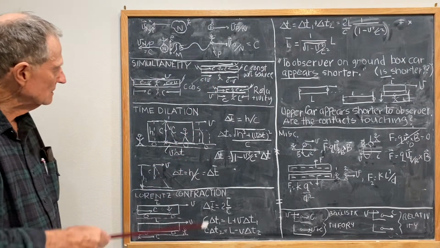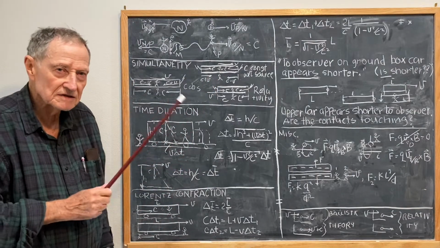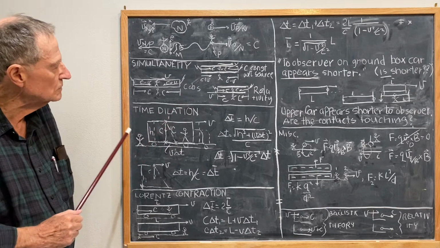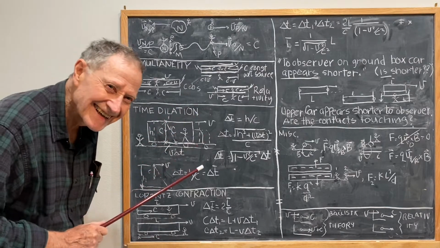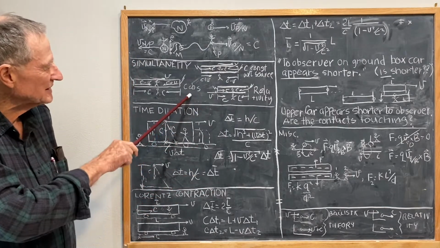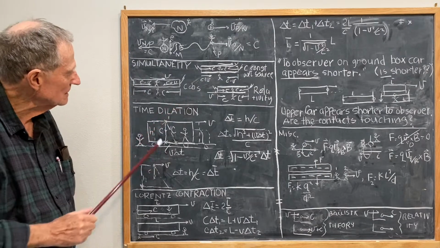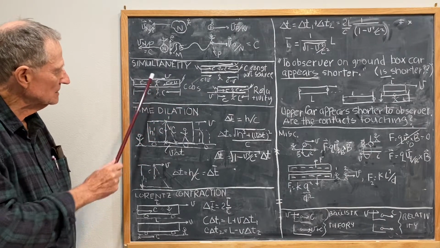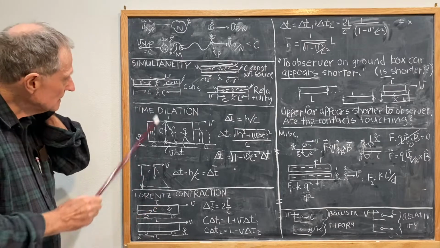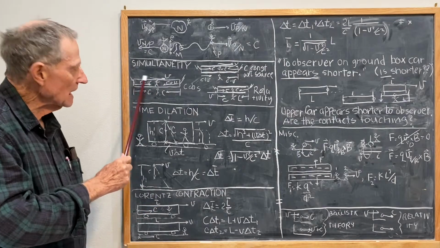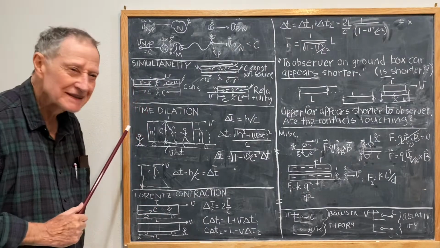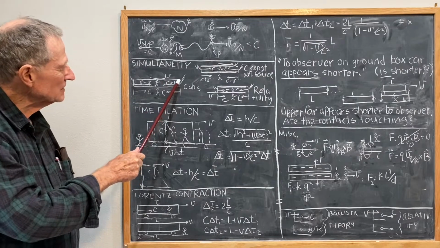Now, in the same situation, if you assume that c is absolute, then the passenger in the train sees light coming at her with a speed c minus v, and coming from the other end at a speed c plus v.